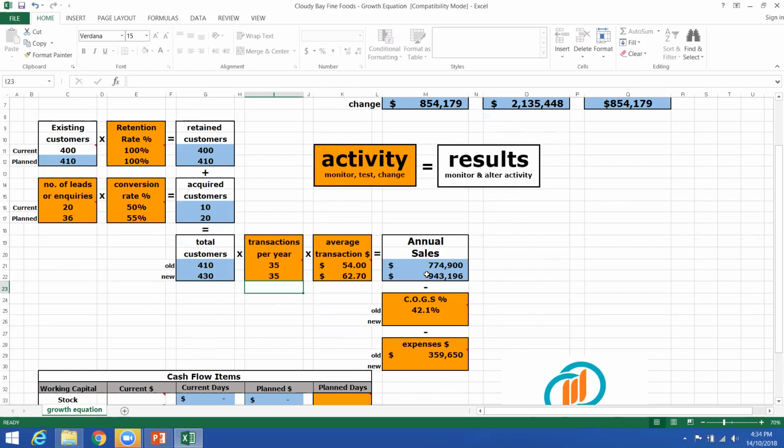So it went from 970,000 down to 943. So that's around the $30,000 mark, $27,000. So it's a very substantial amount. So getting your customers to come back more times per year in this case made a really big difference.